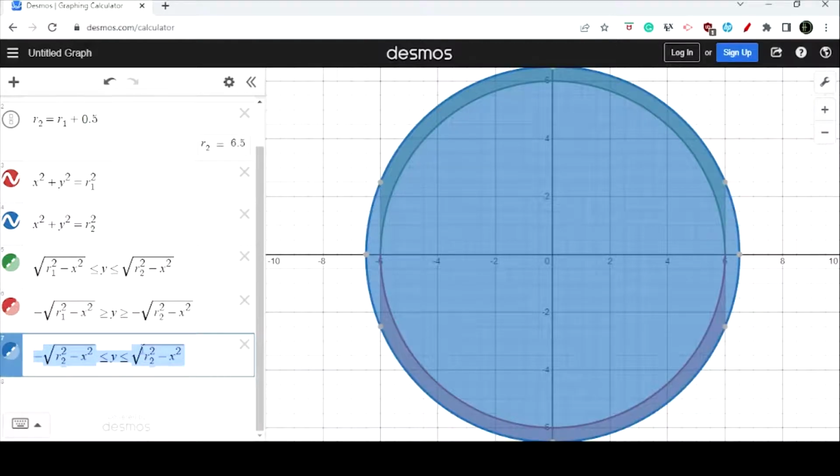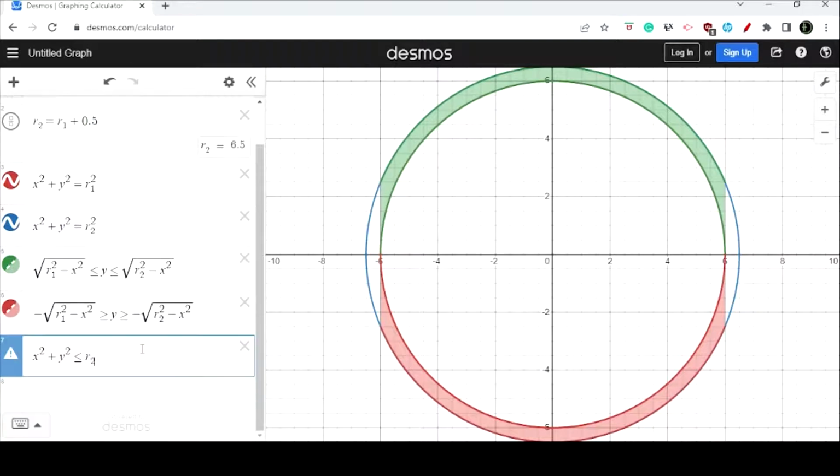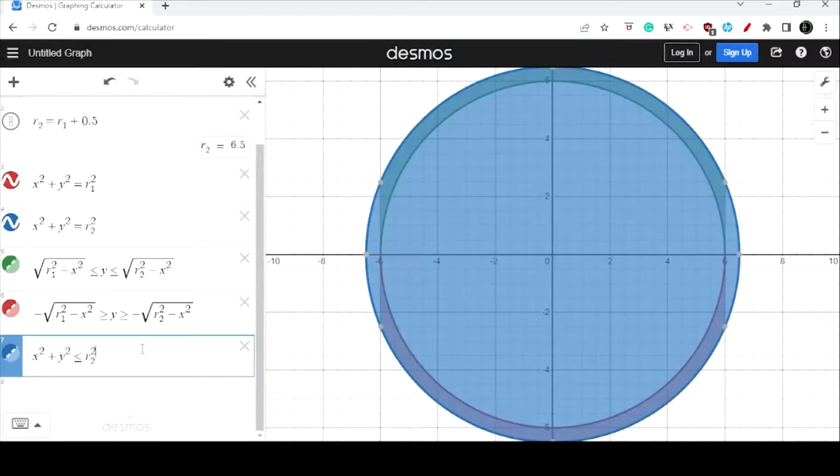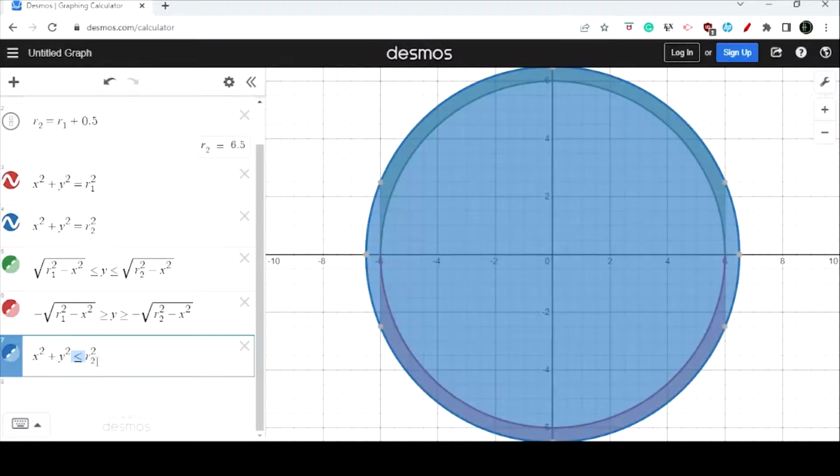Instead, we can even say x squared is less than or equal to R2 squared. So it's this exact same graph, but now with the inequality regions filled in.